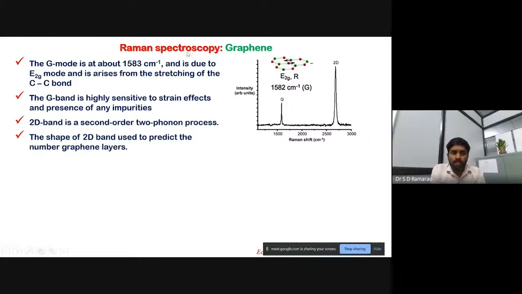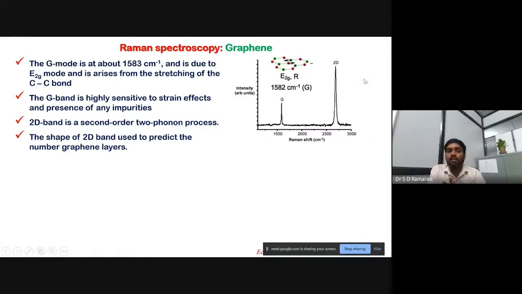The G band is highly sensitive to strains or the presence of any impurities. When you are preparing graphene, if there are any strains present in your sample or any impurities, you can understand those things by seeing the nature of this G band.